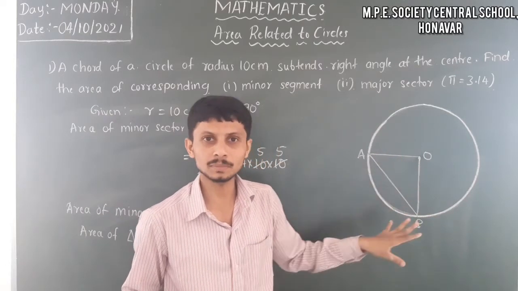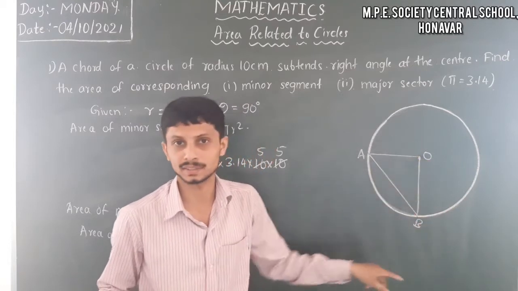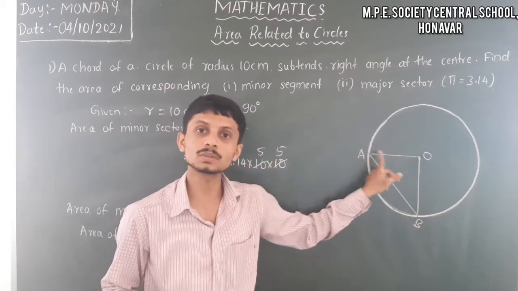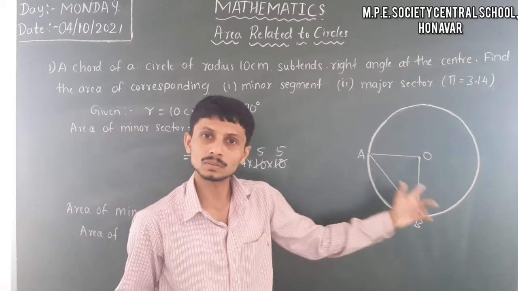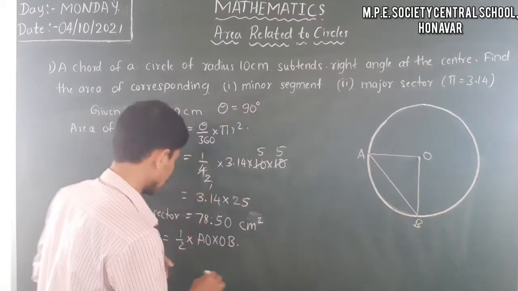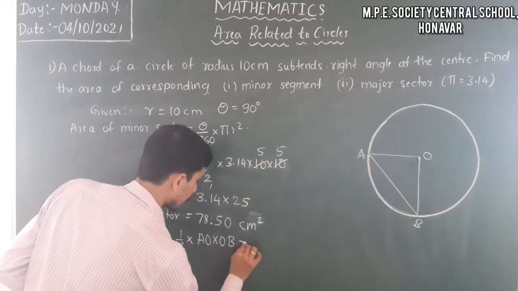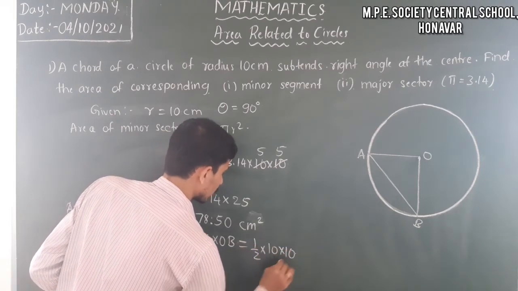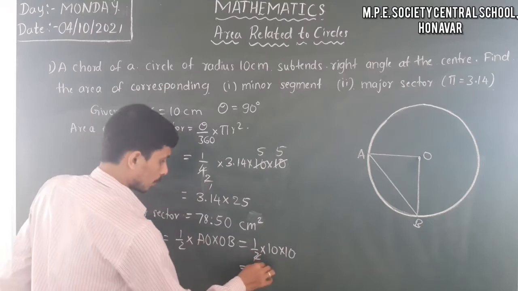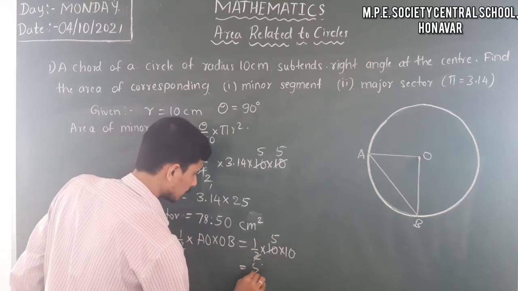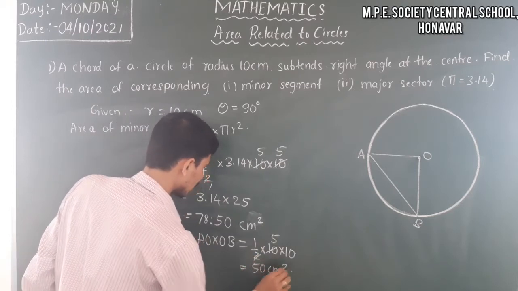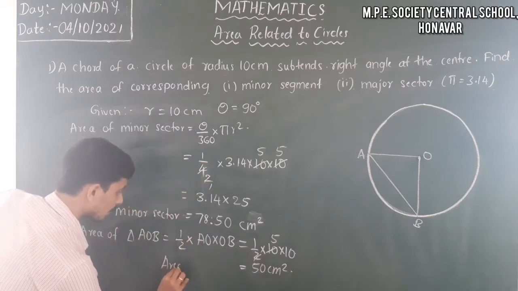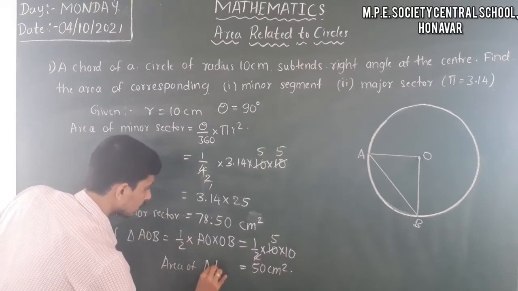Both values are the same here, since those two are radii. So it is equal to 1 by 2 into 10 into 10, which is 1 into 5 into 10, that is 50 centimeter square, the area of triangle AOB.